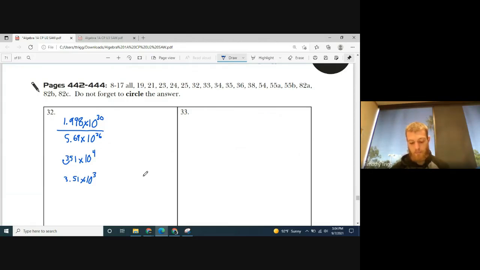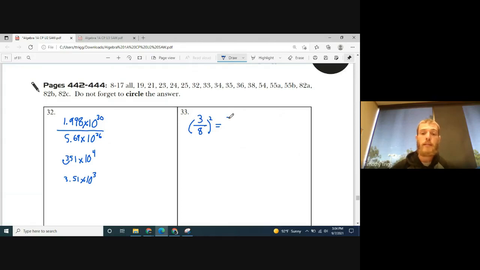Okay, 33. Simplify each expression. Okay, so here we have 3/8, and then it says squared. So 3/8 squared. When you see a fraction with an exponent, there's a couple ways you could think about it. But I would say the simplest way is that this squared goes to both the numerator as well as the denominator.